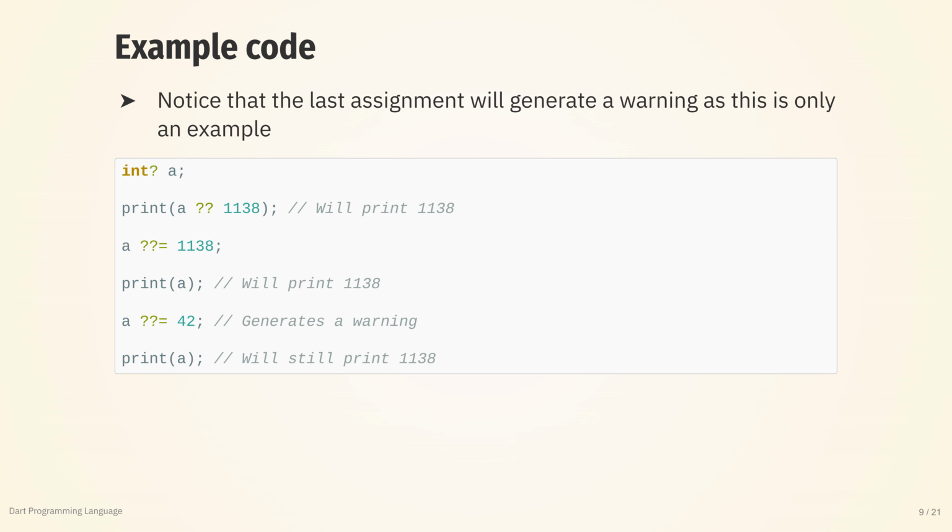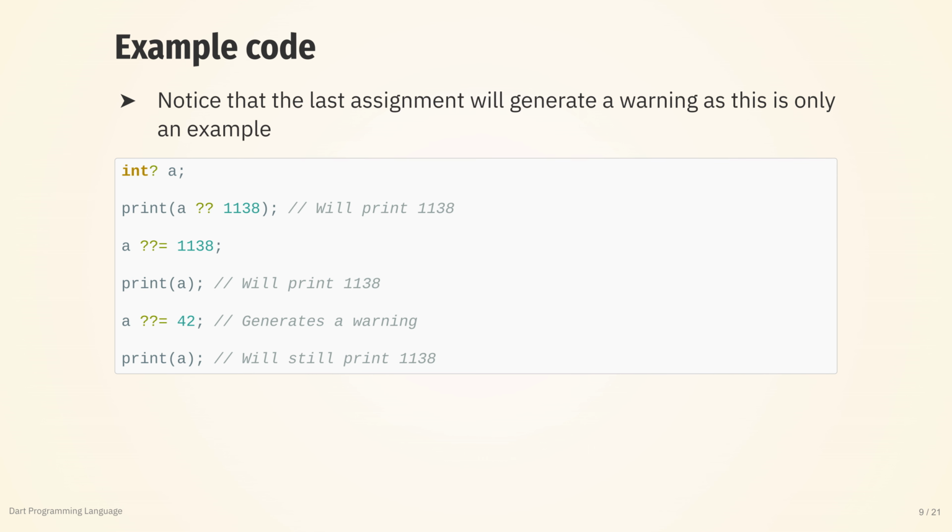We will rather use the 1138 instead, so it will be printing that. We can assign the value using the double question mark and assignment operator to a value if and only if the left-hand side is null. So in this case, a will now be 1138.